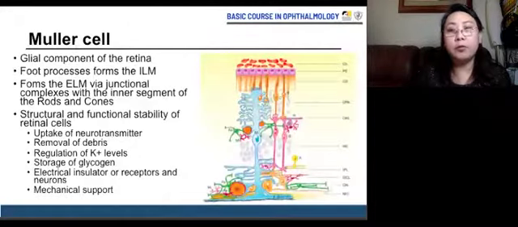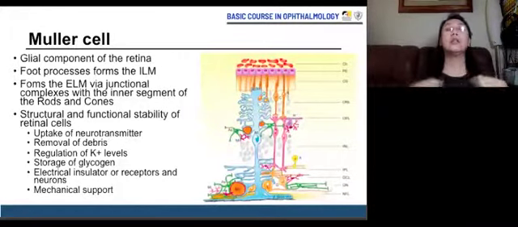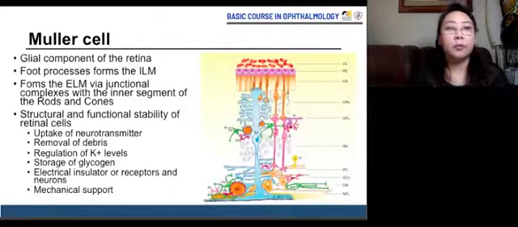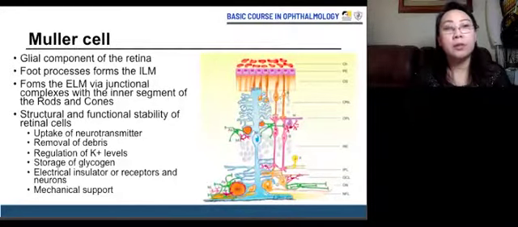So aside from the neuronal cells, the retina also has a structural cell element. The Mueller cell is a glial component of the retina. Its foot processes form the internal limiting membrane, and it also forms junctional complexes with the inner segments of the rods and cones to form the external limiting membrane.